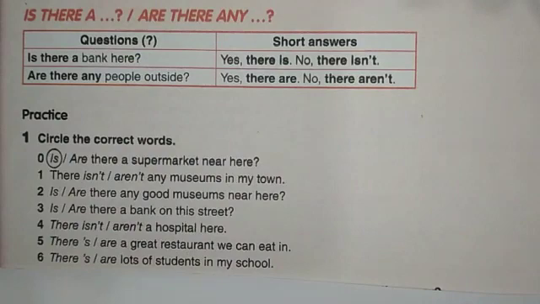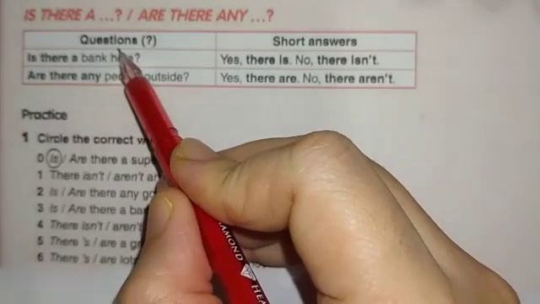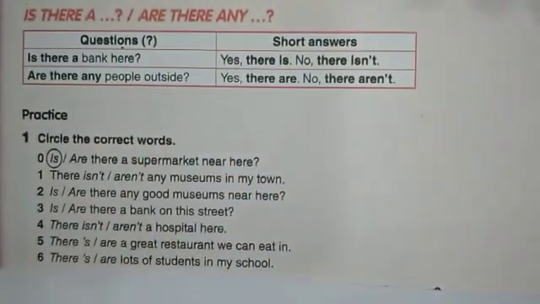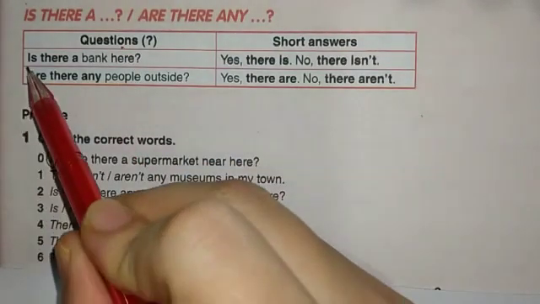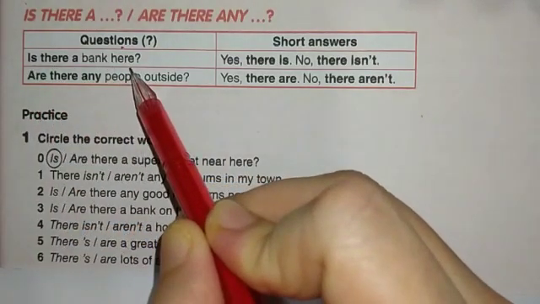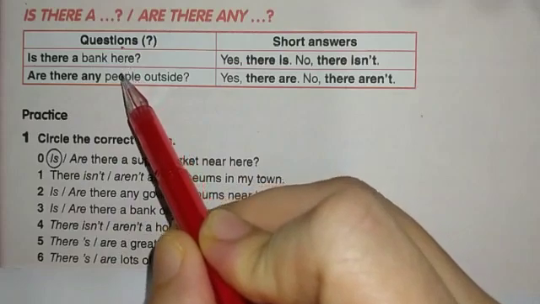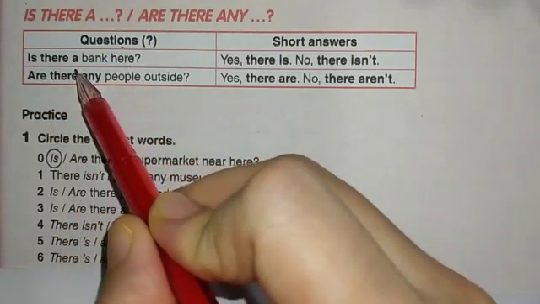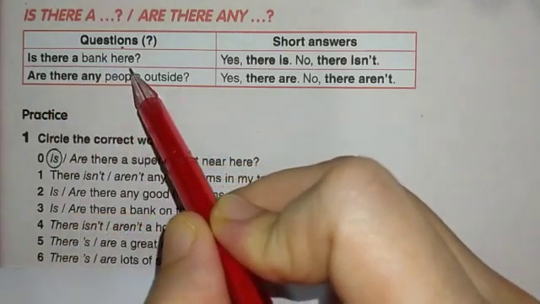Now, let me explain how to use "is there a" and "are there any" in questions. Look at example number 1. Is there a bank here? Let me repeat. Is there a bank here?